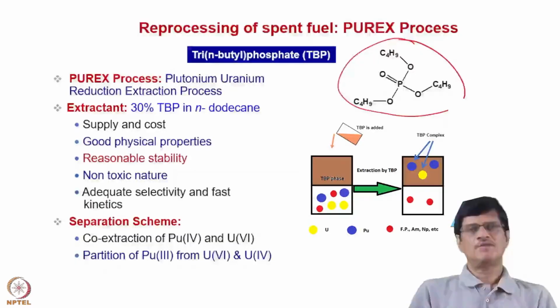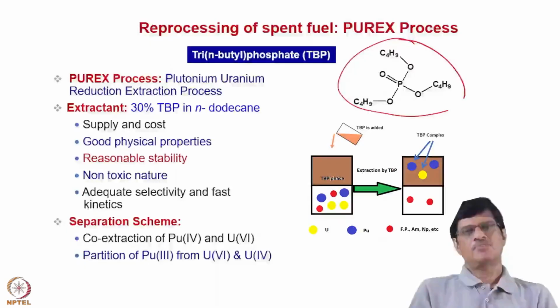But here one thing I would like to mention, that only 30% TBP is used, because if you use higher concentration of TBP, then there are problems like the viscosity of this medium will increase, and also the metal ion loading can be significantly higher, and that will create problems in the operations in the plants.